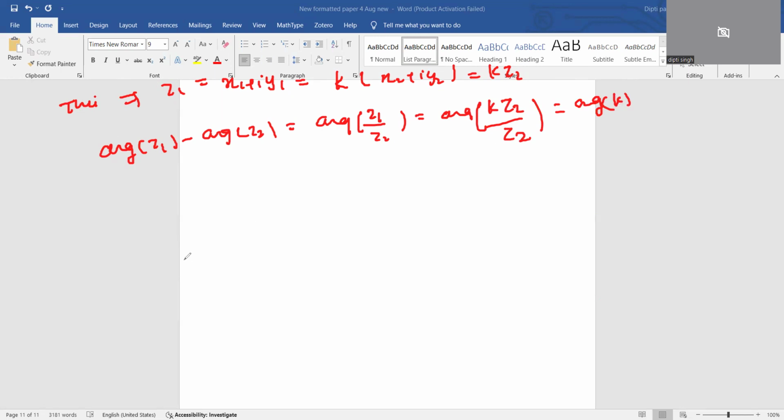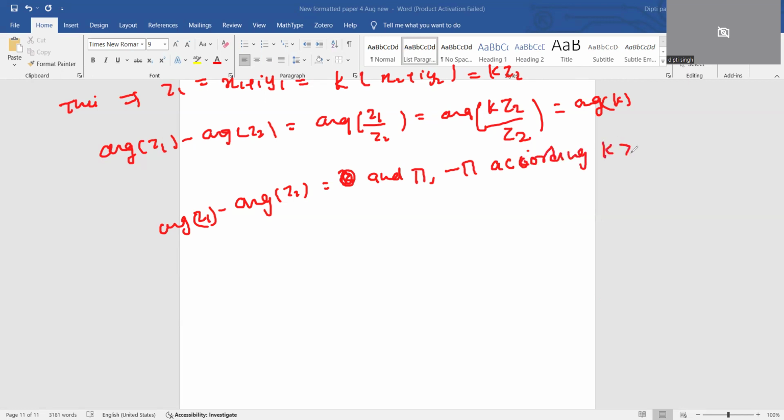So the value of argument of Z1 minus argument of Z2 will be 0 or plus minus pi, depending on whether k is greater than 0 or k is less than 0.